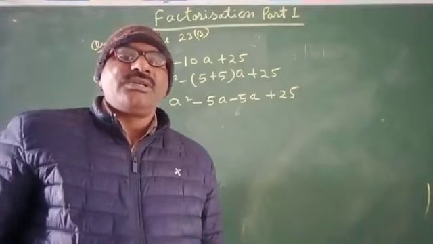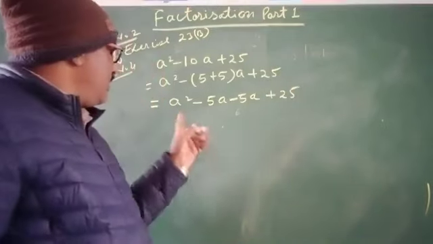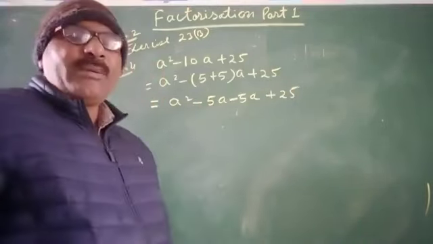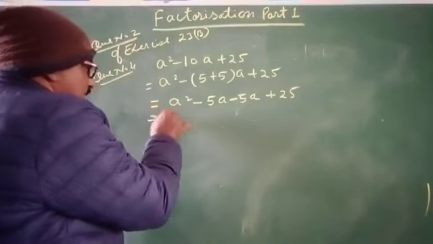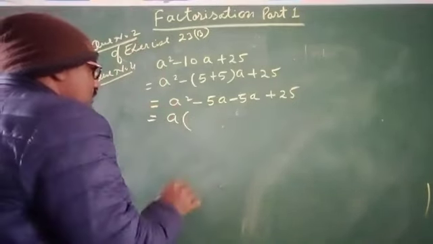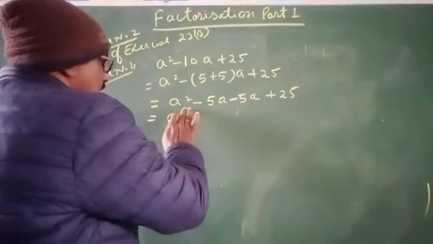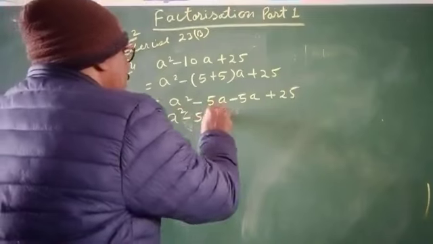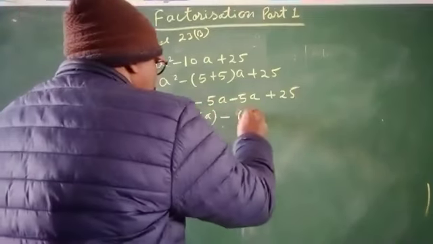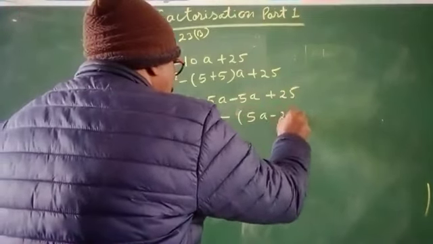So dear students, as you see here a is common. So I will take a common in this group. Here this group is a square minus 5a, and the other group will be minus 5a plus 25.